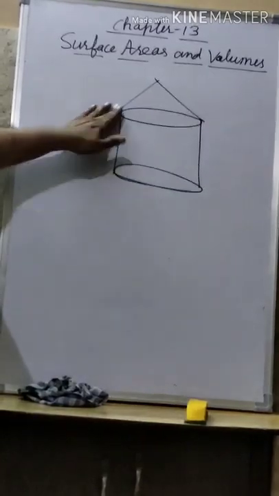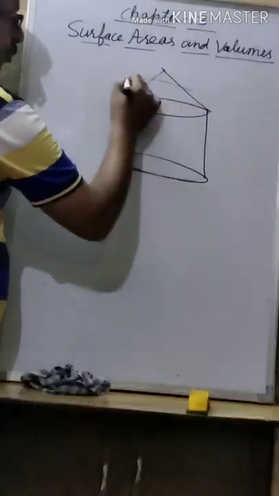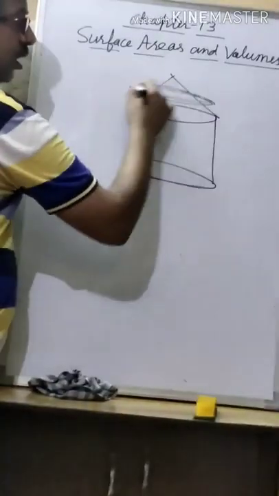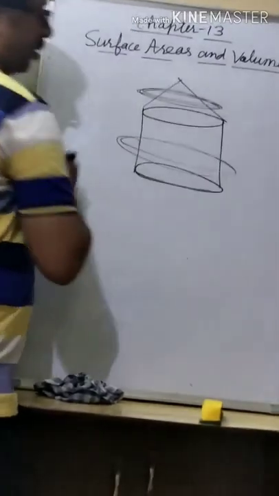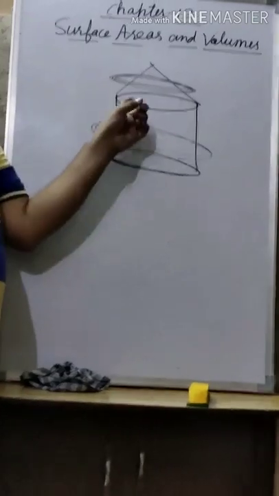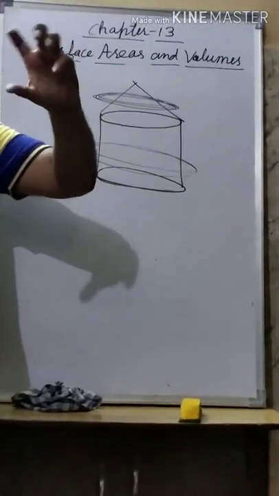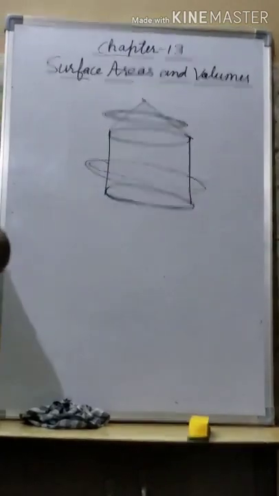So the surface area of this means the surface area of the upper conical part, and the surface area of this cylindrical part. Clear this? If the figure is joined, then we have to find out the surface area of whatever is visible, that is called surface area.